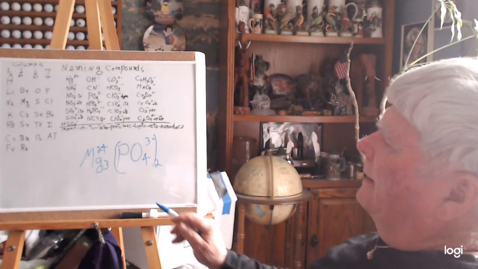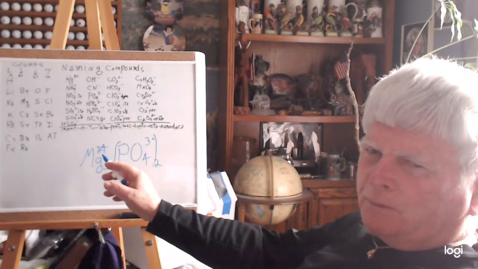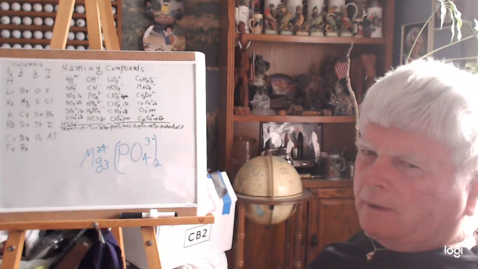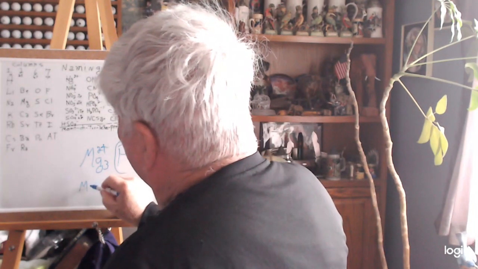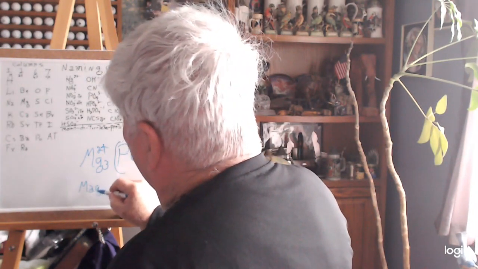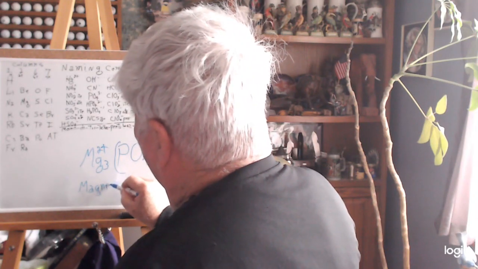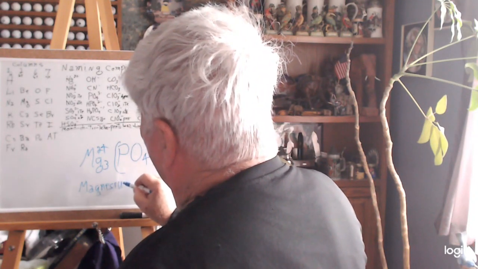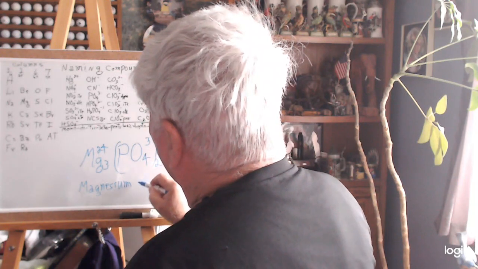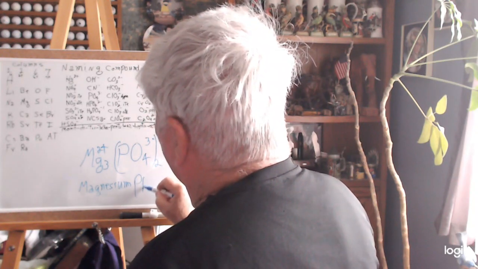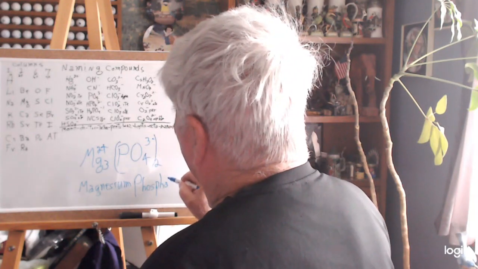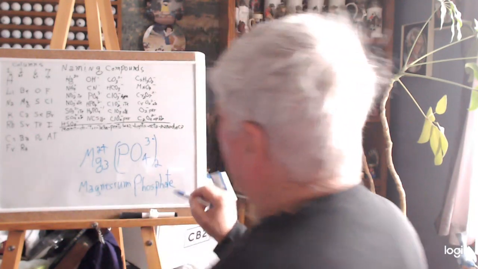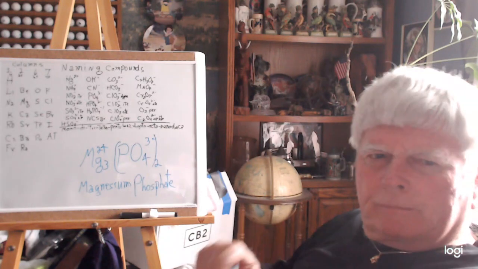Now what that does is it's 2 times 3 or 6 positives and 2 times 3 is 6 negatives, making magnesium phosphate.